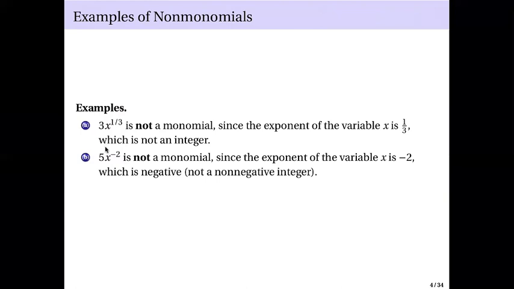So we need the exponent of the variable to be greater than or equal to 0 and also an integer. Okay? Questions on these examples of non-monomial expressions?